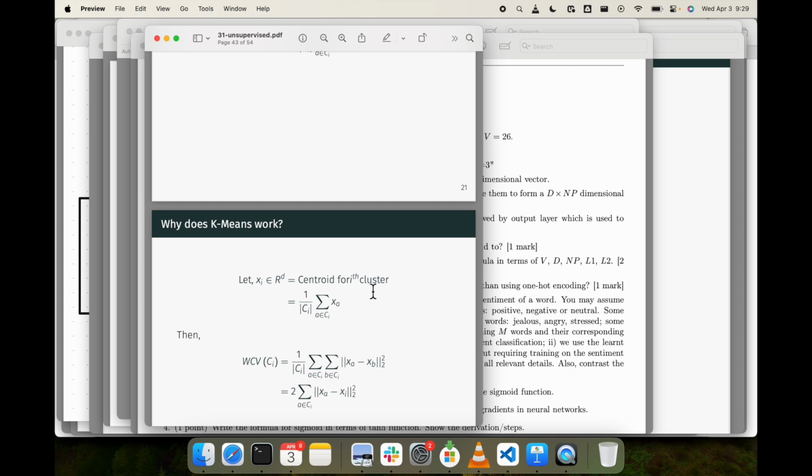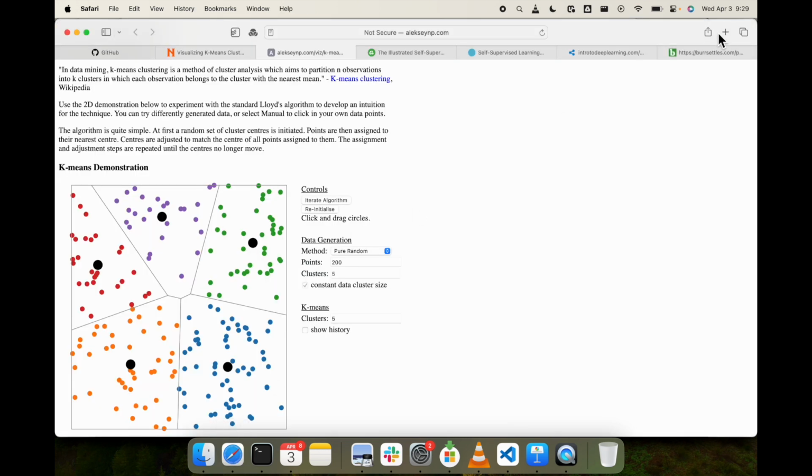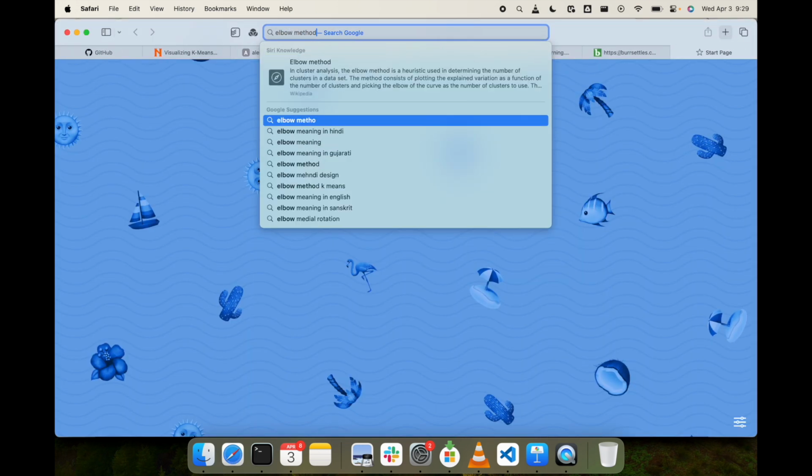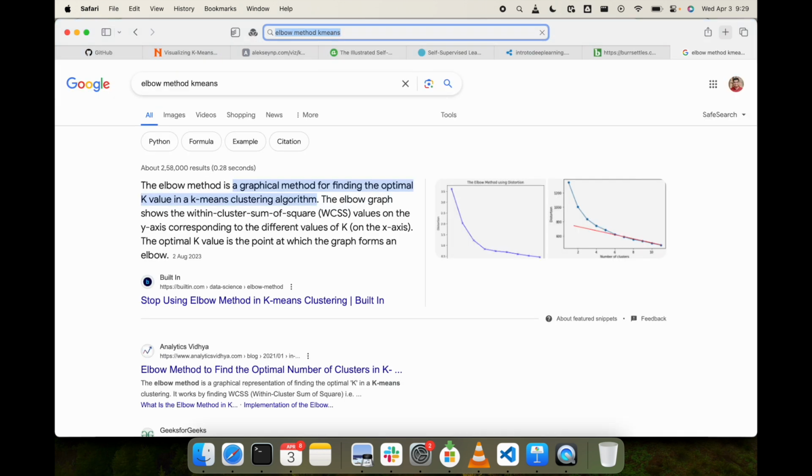What did we observe? As we increase the number of clusters, the within cluster variation always decreased. Therefore, we cannot use any cross validation like methods over here. Whatever data you use, if you have more clusters, your objective will always be lower. Right? So, therefore, we end up using some heuristic methods, like the elbow method, for k-means.